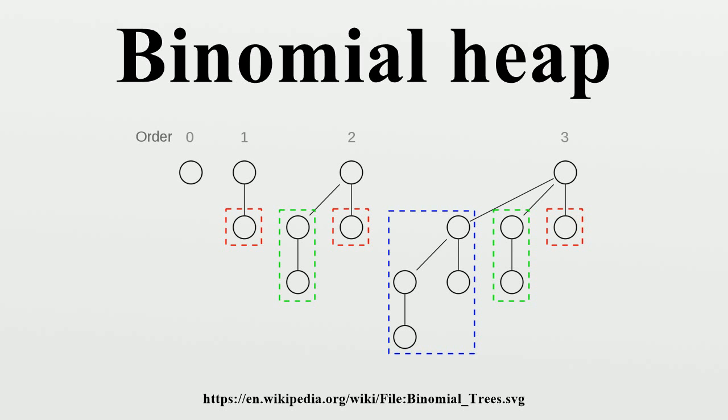Because each binomial tree in a binomial heap corresponds to a bit in the binary representation of its size, there is an analogy between the merging of two heaps and the binary addition of the sizes of the two heaps, from right to left. Whenever a carry occurs during addition, this corresponds to a merging of two binomial trees during the merge.